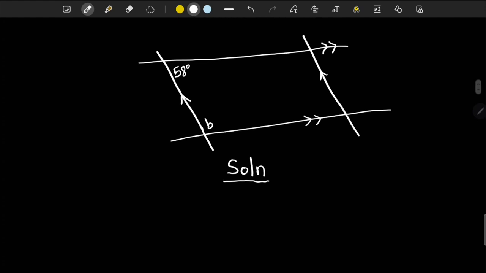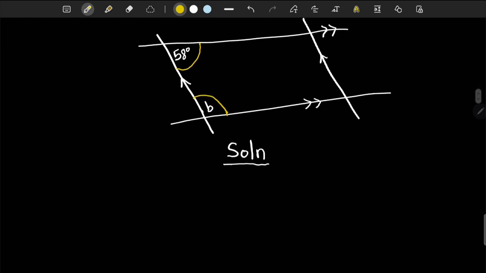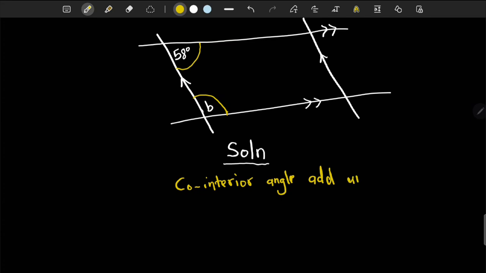We have the angle B here, and this angle 58 degrees here. Now, one thing you should know is that there is a rule that says that co-interior angles add up to 180 degrees, right?